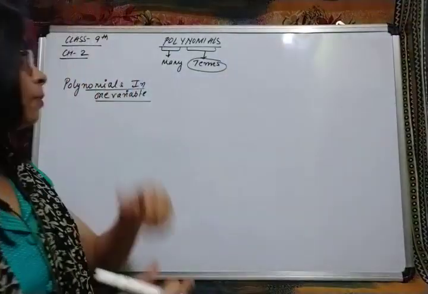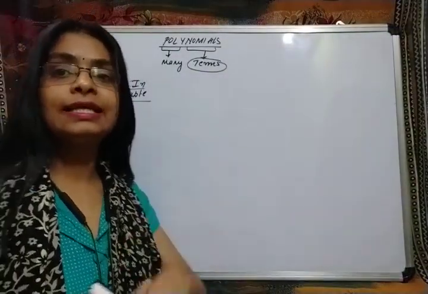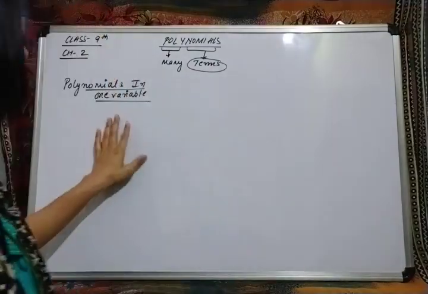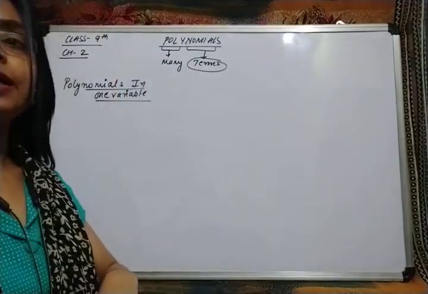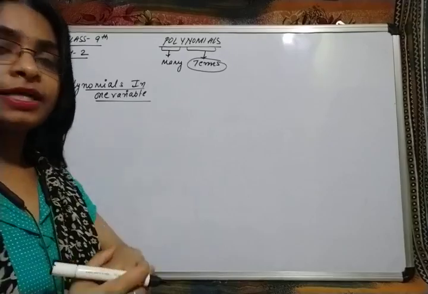So, polynomials in one variable. Actually, it is an algebraic expression. What type of an algebraic expression?